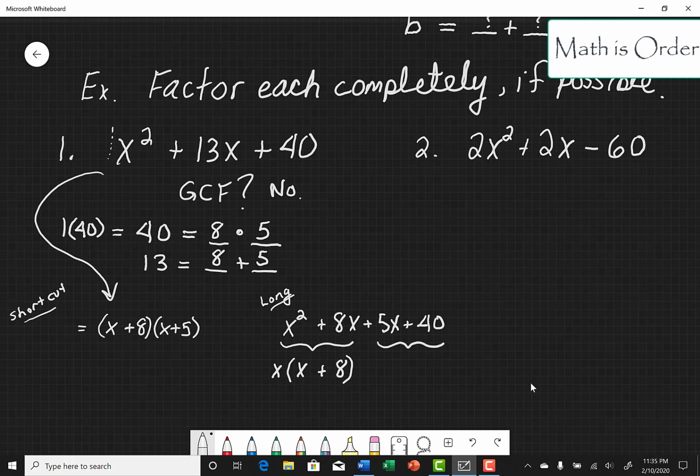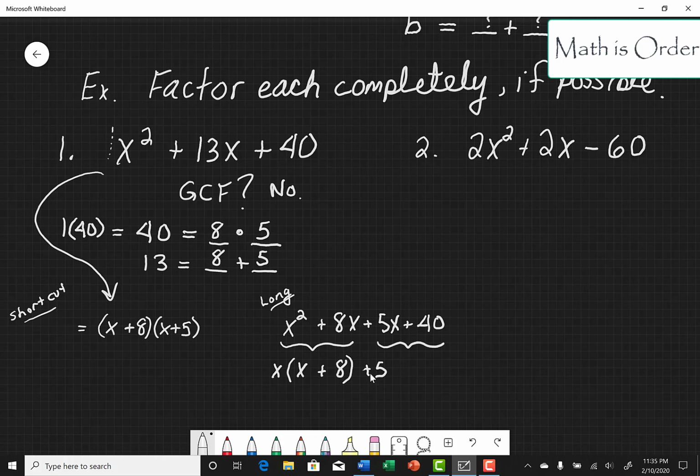And then I look at the next two terms, and I see that 5 is common in both of those terms. So I factor out a plus 5, and it's important to put the operation here. So if you're factoring out a negative 5, you would put negative 5 here.